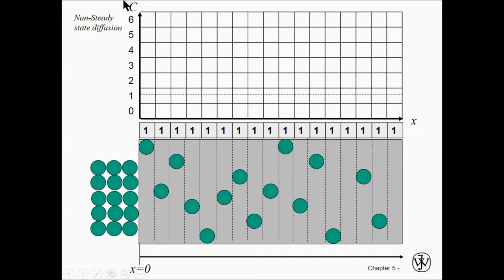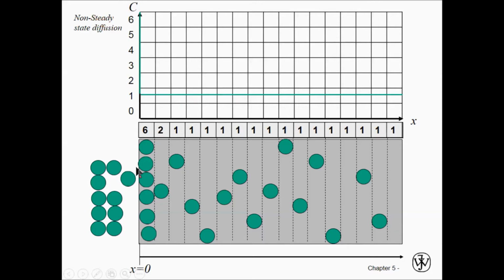On the y-axis I have concentration. This will show the amount of copper through the material. So this dashed line shows that through all the material, concentration of copper is 1. Now when diffusion starts, you see at the surface here, when x is 0, concentration peaked to 6, and when I go deeper into the material, the amount of copper is still 1. We will continue the process.